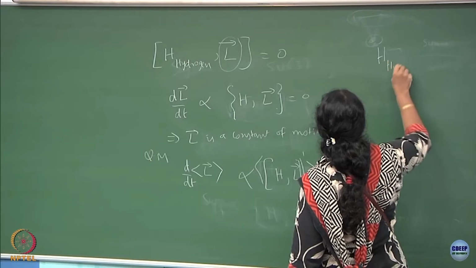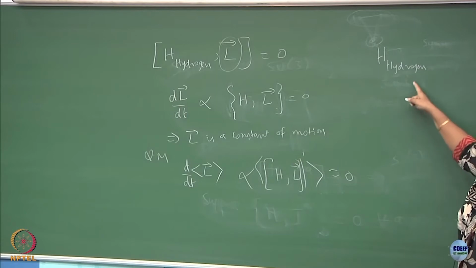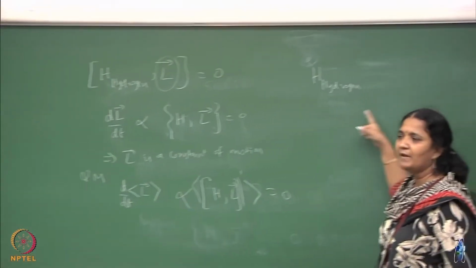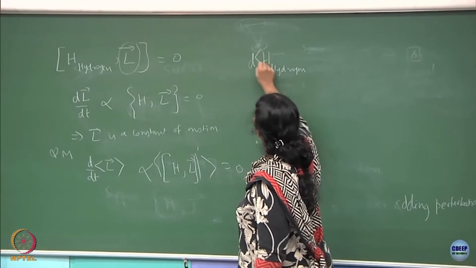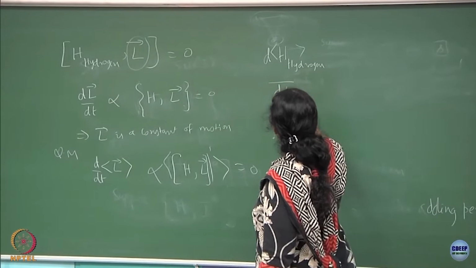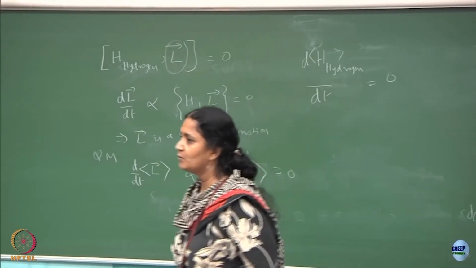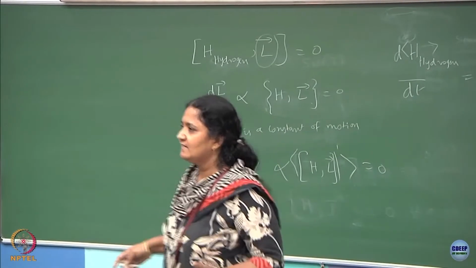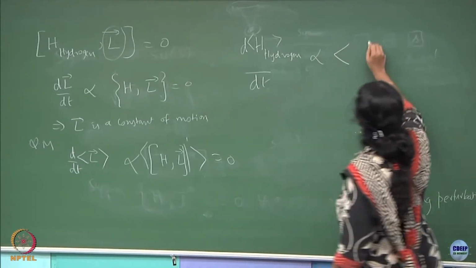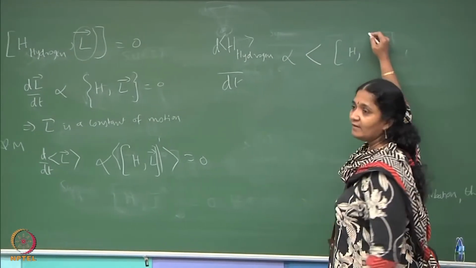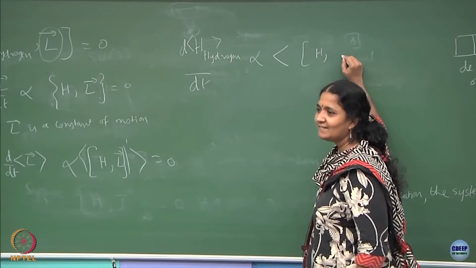The other thing is the hydrogen atom Hamiltonian which you are writing does not have any time dependence, right, it is independent of time. So, we always require that this one is going to be 0, there is no time dependence in the Hamiltonian. This is 0 because it should be proportional to the Hamiltonian, right. What is the generator of the time translation?